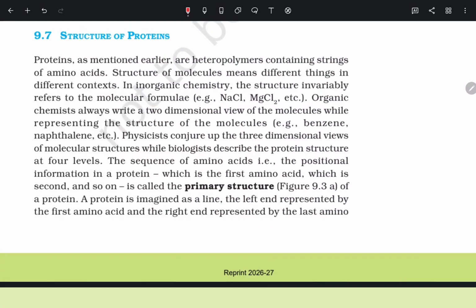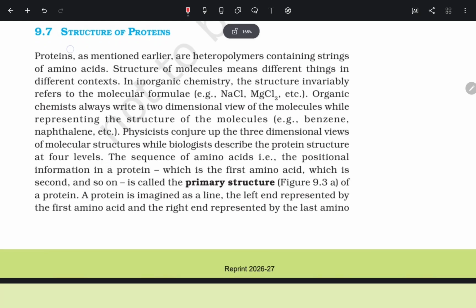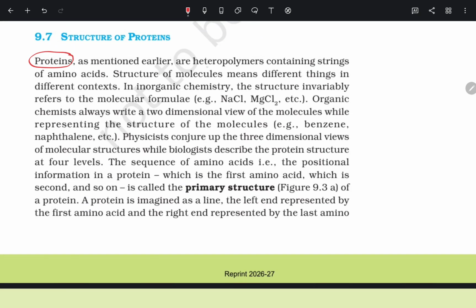Structure of proteins. Proteins, as mentioned earlier, are heteropolymers containing strings of amino acids. Structure of molecules means different things in different contexts.